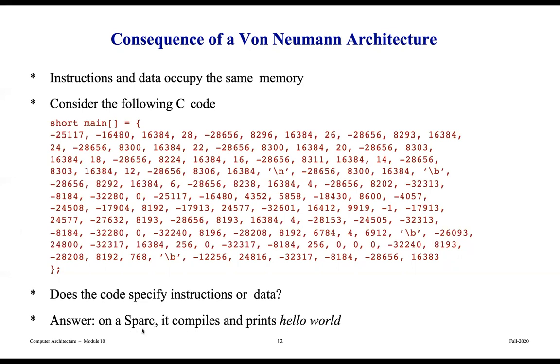And just as a reminder, since this is an older type of platform and you may not be familiar with it, Spark is a computer platform that was made by Sun Microsystems, which was purchased by Oracle. And it also talks to the type of processor that it has. It's a MIPS RISC type of processor, a reduced instruction set computing capability.